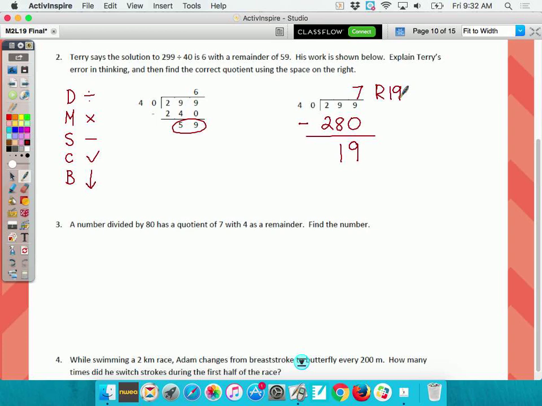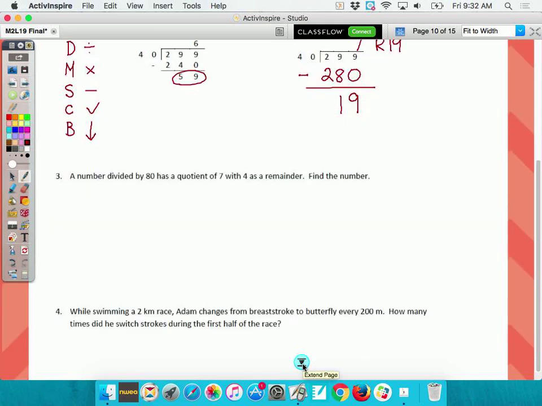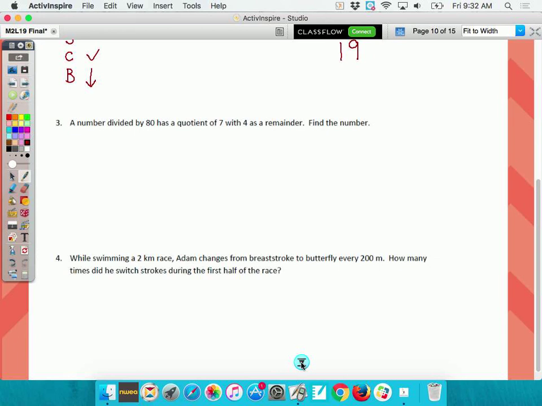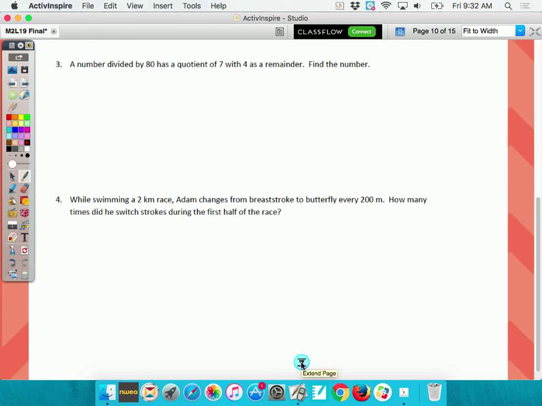Okay, let's look at number 3. Says a number, I love this problem. A number divided by 80 has a quotient of 7 with 4 as a remainder. Find the number. So now, I don't think I can draw a tape diagram on this, but I can use a variable.